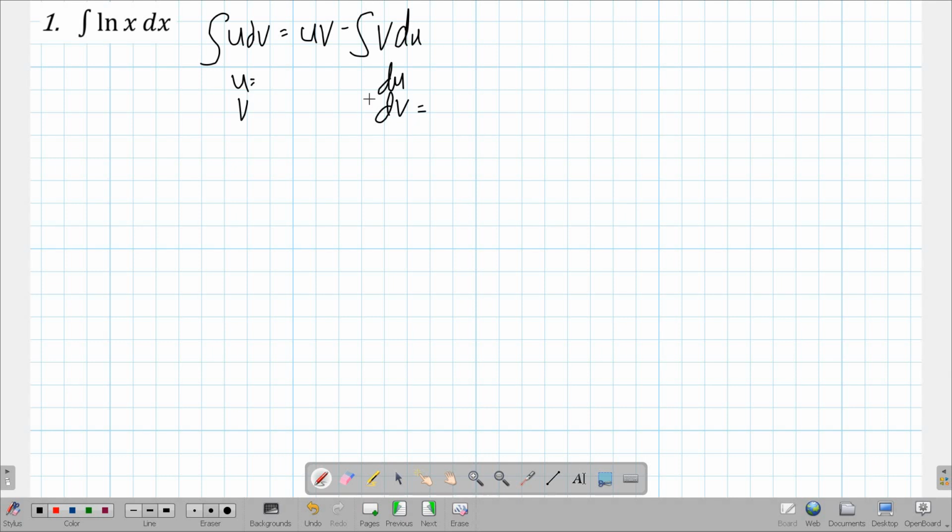And as you know, the process from v to dv is finding the derivative, while the process from u to du is finding the derivative. So you have to remember that. In this specific case, since we're looking for the integral of ln x dx, we cannot place ln x in dv because we do not know its integral. So we don't have much of a choice here but to place ln x as u and to place dx in dv, because we know the integral of dx would be x and the derivative of ln x would be 1 over x.